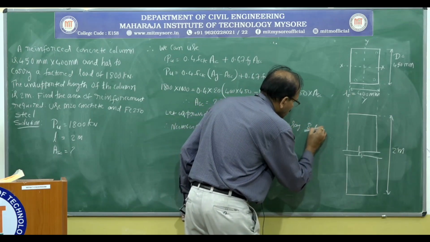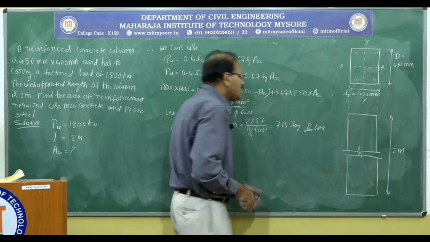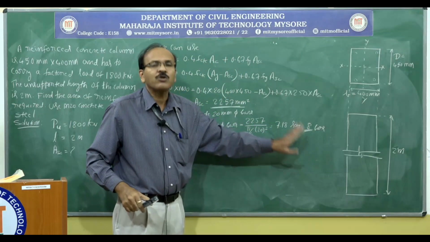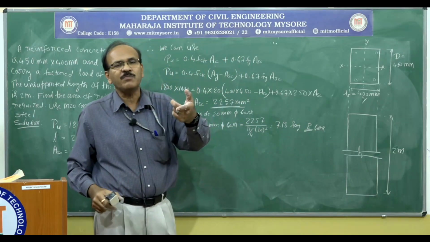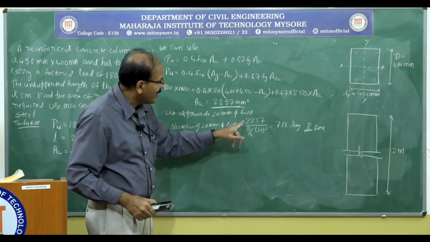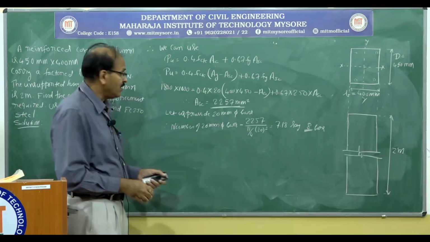Say 8 bars. So once we provided 8 bars, automatically the actual area of steel provided is going to be more than 2257.